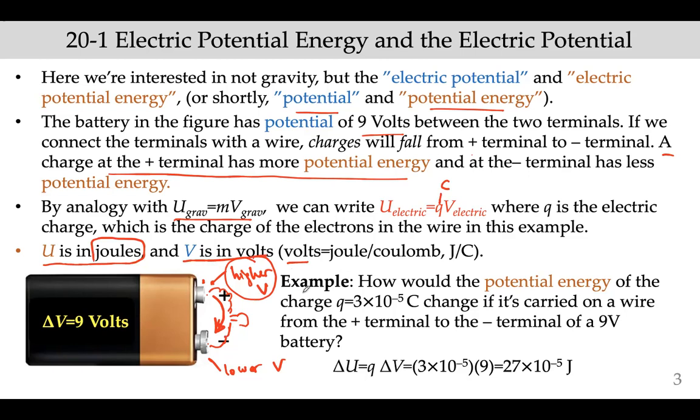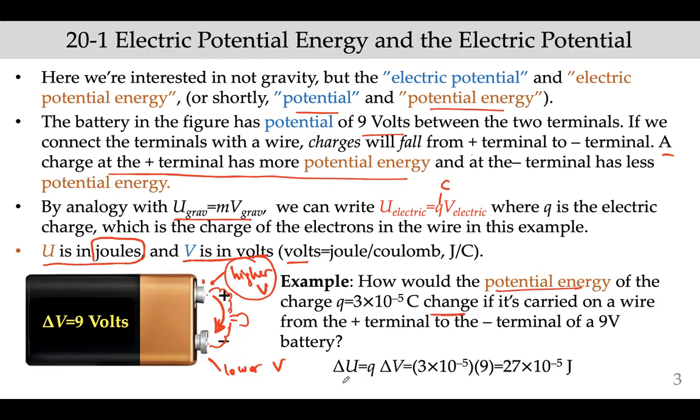So let's look at this example. How would the potential energy of the charge Q equals 3 times 10 to the negative 5th coulomb change if it's carried on a wire from the positive terminal to the negative terminal of a 9 volts battery? We will use this equation, but with delta, because we are now talking about the change in potential energy.